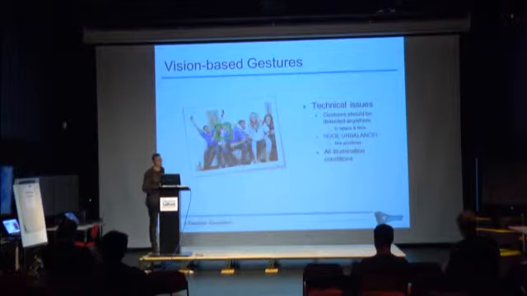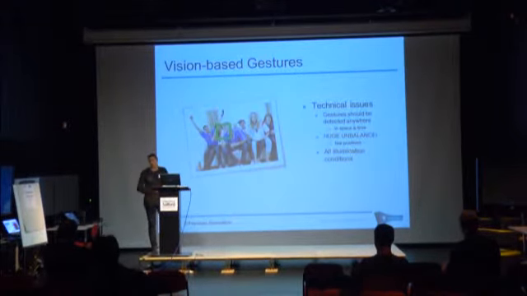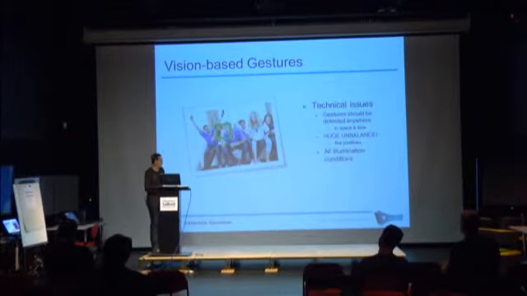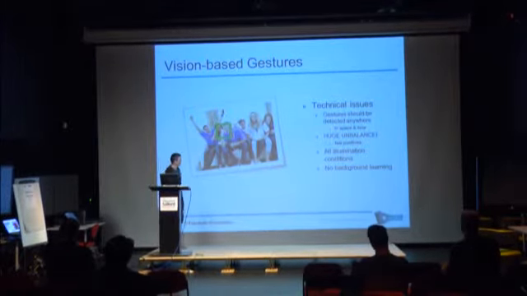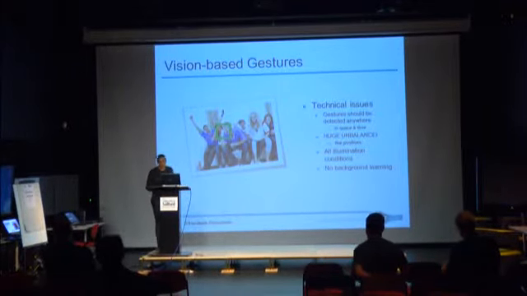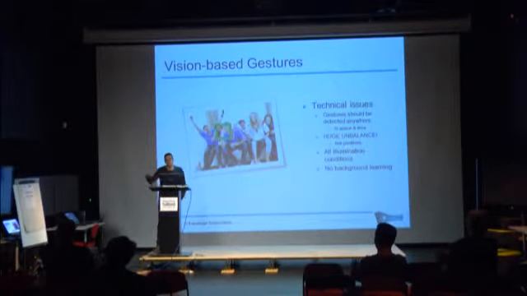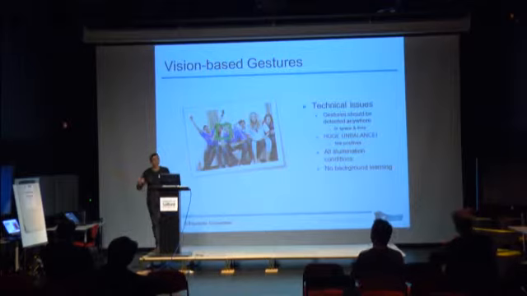And of course, there are other things that you should take into account. For instance, it should work in all illumination conditions. If you watch the TV without any lights on, it should work. Or if it's a highly illuminated environment, like the demo that we were doing outside, it should also work. It is good if no background rendering is performed. With these vision-based algorithms, sometimes you need to know the background in order to understand what people do, okay?